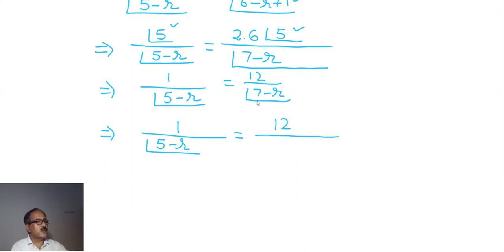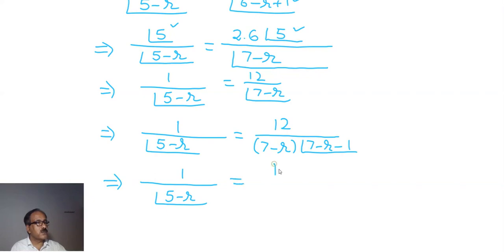Again you have to pay attention here. This factorial 7 minus r, take 7 minus r outside, then inside you will have 7 minus r minus 1. So in left hand side there is no change, that is 12 upon (7 minus r), that is 7 minus 1 means 6 minus r.